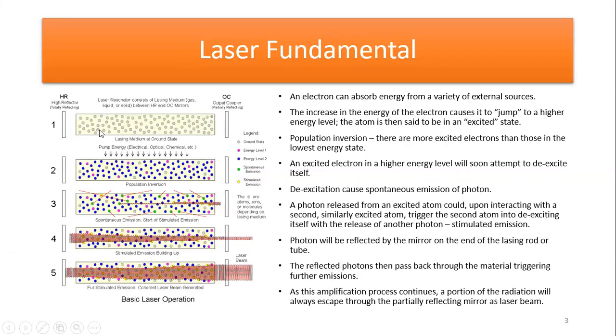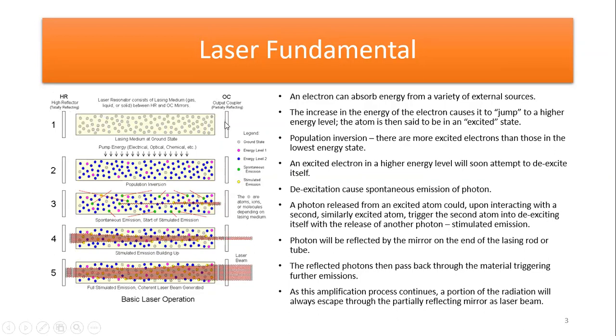And when there is no power supply to the lasing material, then it is at the ground state. So this is a laser tube, and on one end you have a high reflector, this particular section, which is like a mirror that reflects 100% of the light coming to it.